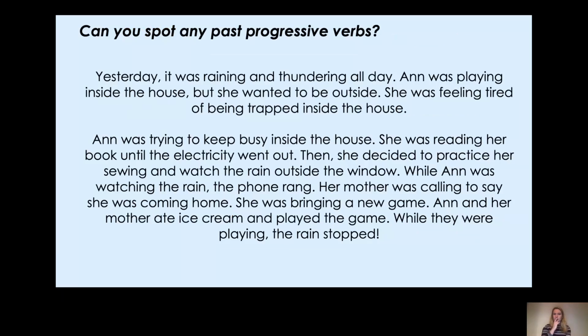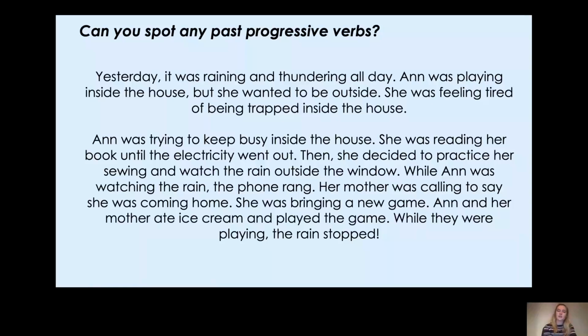So here we have got a paragraph, okay, and I'm going to look at the first part of the paragraph with you together, and then I'm going to leave you to have a look at the second part on your own. So we're going to try and spot any past progressive verbs. So let me read the first part to you. Yesterday it was raining and thundering all day. Anne was playing in the house, but she wanted to be outside.